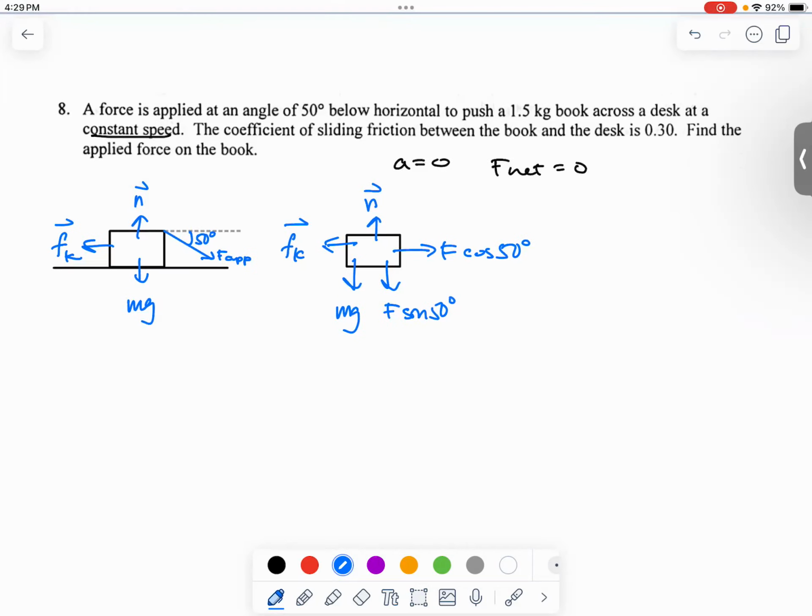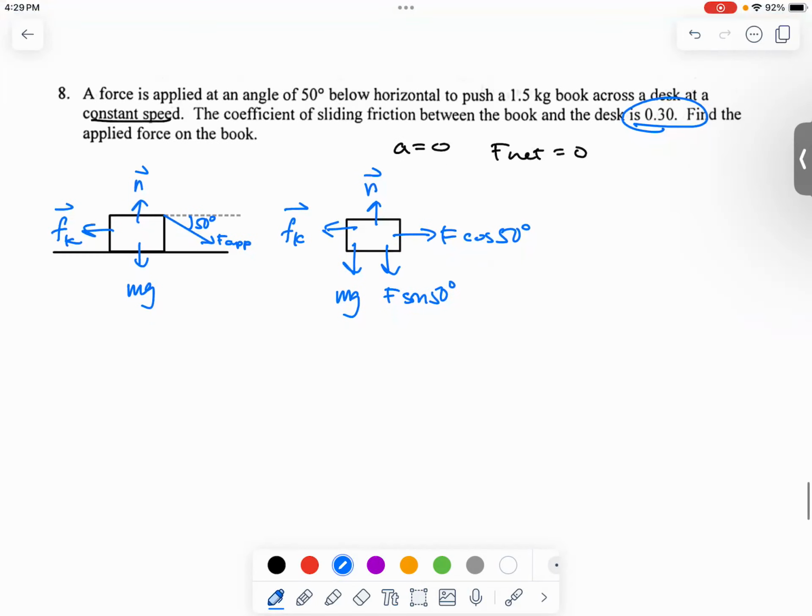Now we've got the mu. The mu is 0.3. So if we have the normal force, then we can figure out the friction, or the maximum friction.